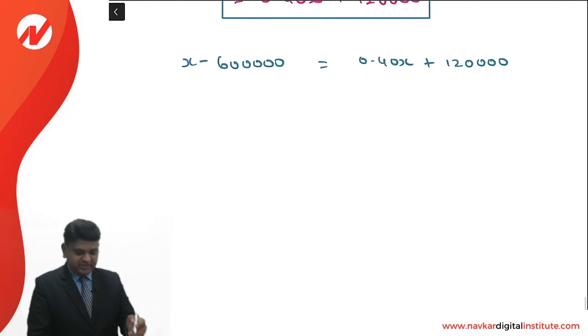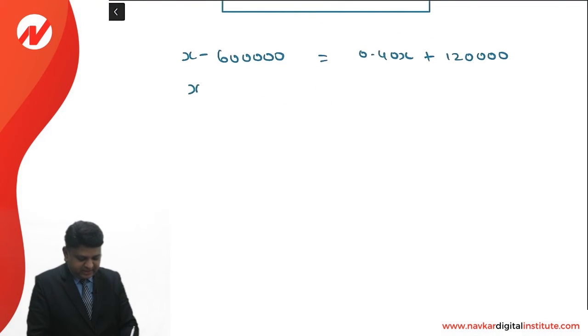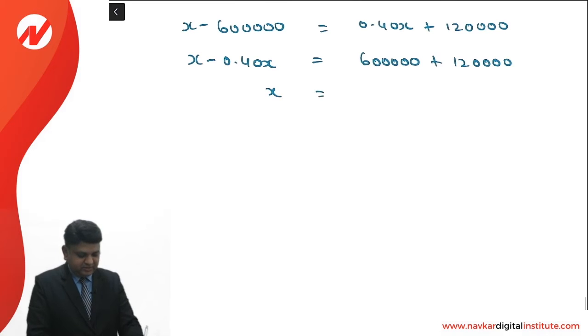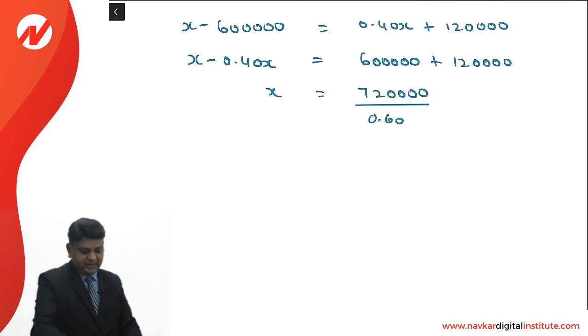That is the way we can make the calculation of the answer. So 0.4x is transferred on this side, so it will become negative. 6 lakhs is transferred on the opposite side and it will become positive. So x is equal to 7,20,000 divided by 0.6. That is the way we can make the computation of the sales value.